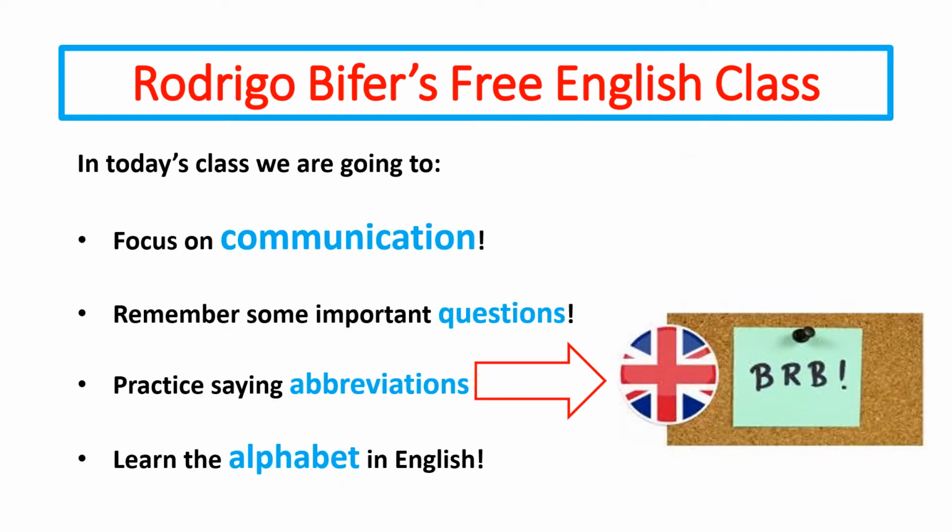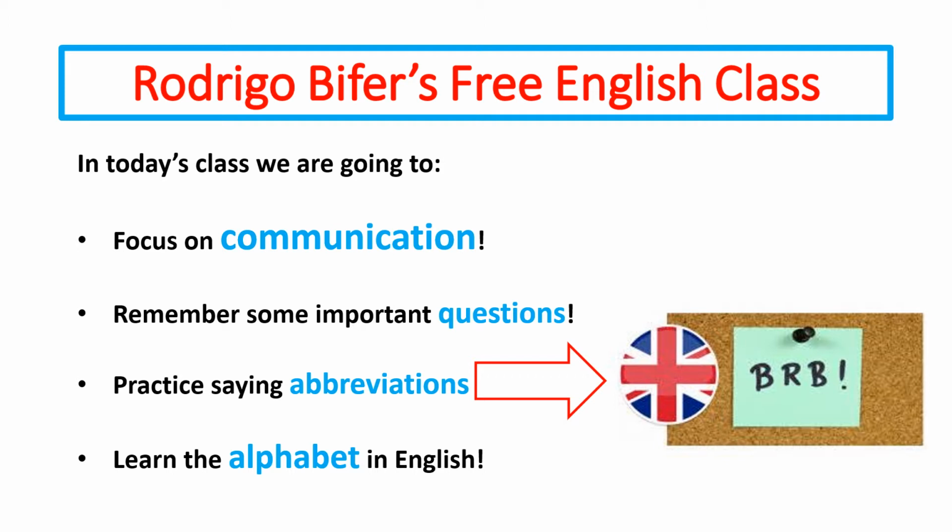All right, today's class is a very nice and very useful class. We're going to focus on communication. Communication in English is very important because it makes the whole difference if you can communicate well, okay? Today we're going to focus on asking questions to clarify, to ask the meaning of something when you don't understand.